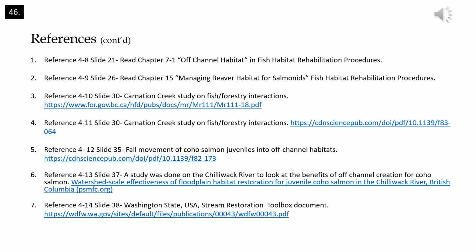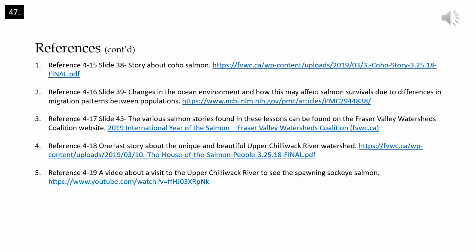Reference 13, a study done on the Chilliwack River to look at the benefits of off-channel creation for coho salmon. And reference 14, a Washington State, USA stream restoration toolbox document. Reference 15, a story about coho salmon here in Stauschkamut.